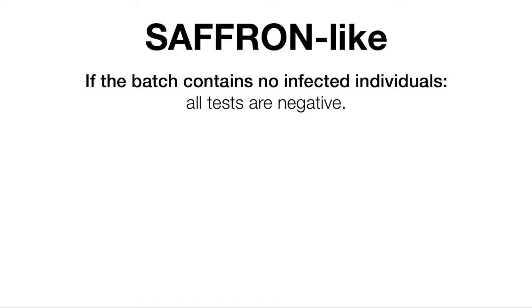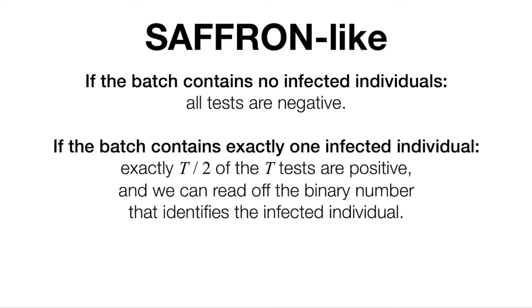So let's think what happens. If our batch contains no infected individuals, all the tests are negative, and we can tell that, and that's all very easy, and we're done. If the batch contains exactly 1 infected individual, then out of these t tests, the ones where its vector were 1s will be positive, and we said that that's exactly t over 2 of them.